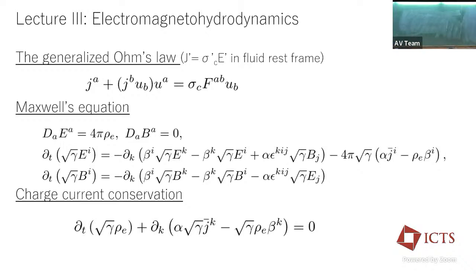Okay, so now we can eliminate the J_B u^B contraction using both equations, and it gives the equation for the spatial component of the current.